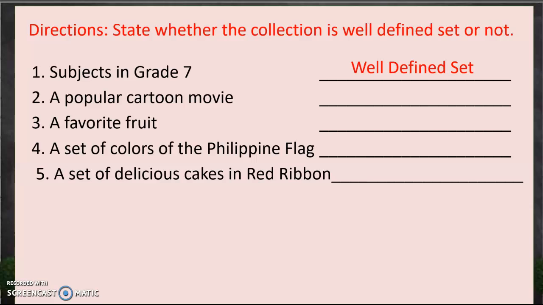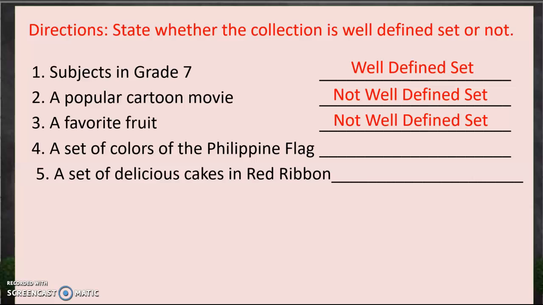A popular cartoon movie is not a well-defined set, since we will arrive with different answers or different elements of the set. Next, favorite fruit. It is not a well-defined set. Still, we will arrive with different answers. We have different taste buds. So it is not well-defined.